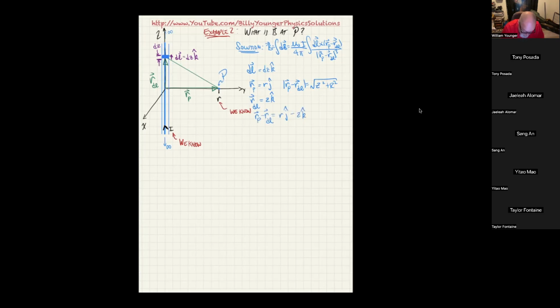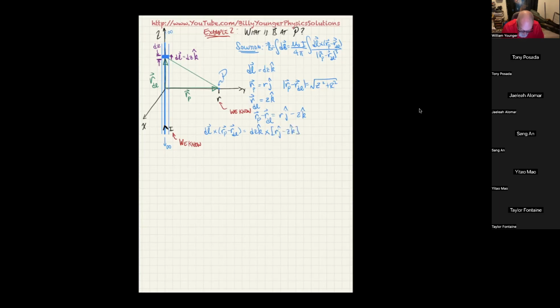So now we can say dl cross rp minus rdl. That's another vector that we can compute. We know that dl is dz k hat. We're going to cross product that with, and I'm going to put this in square brackets, R j hat minus z k hat.